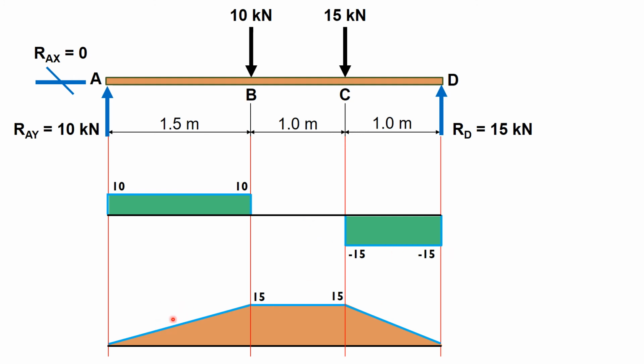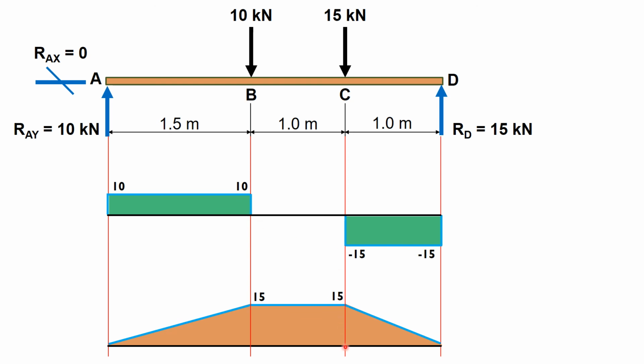Now, with regards to the moment values, kagaya nito, so sa point B, to the left of B and to the right of B, we only have one value of moment, which is 15. Unlike dito sa shear diagram, kasi sa shear diagram, to the left of B, you have 10, to the right of B, you have 0.